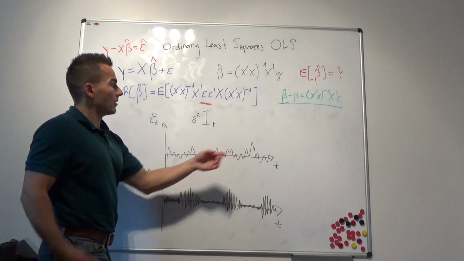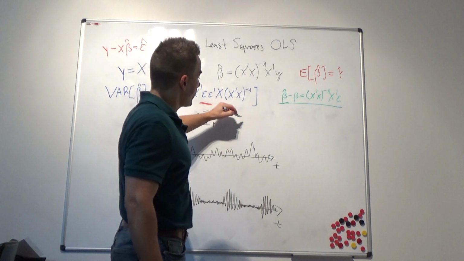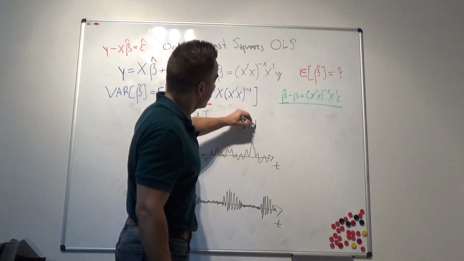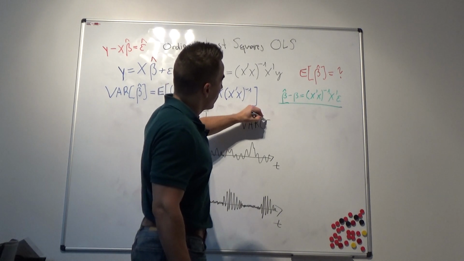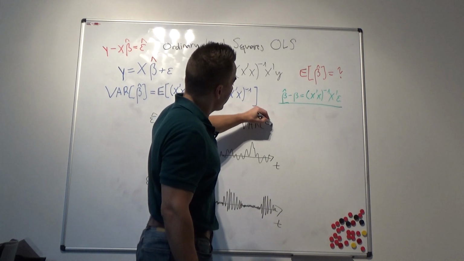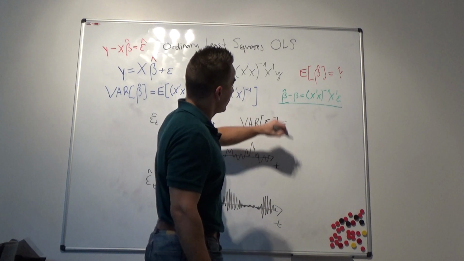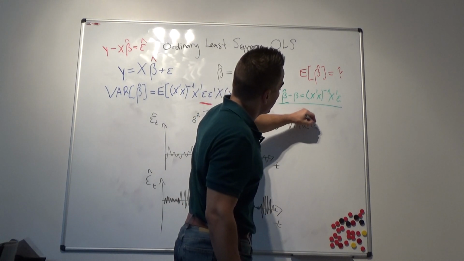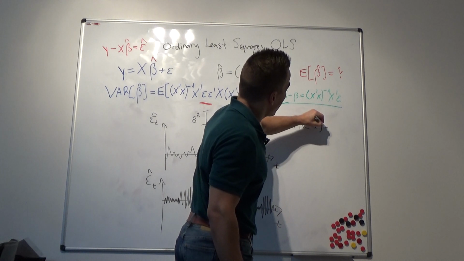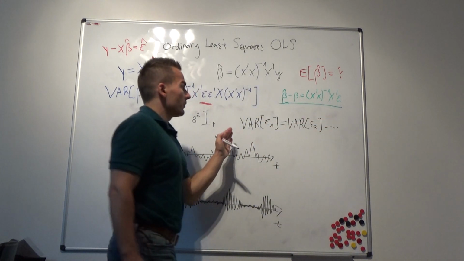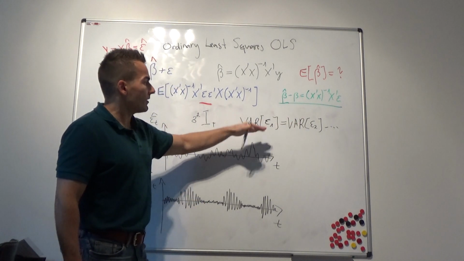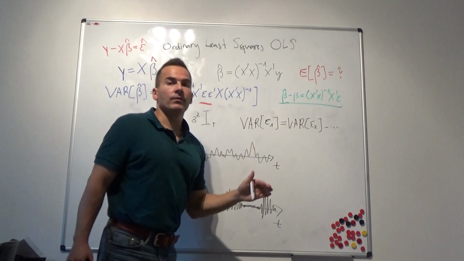Because it was required in our assumptions that the variance of epsilon 1 is the same as the variance of epsilon 2 and so on. So it was required that the variances of all error terms are the same.